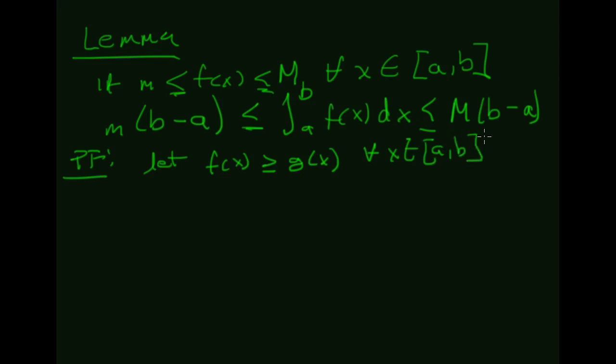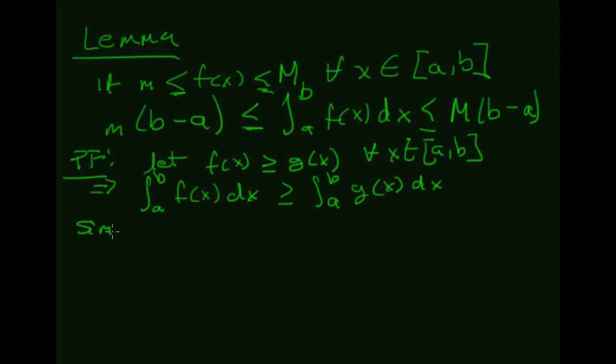So f always dominates g. From here it follows that the integral from a to b of f of x dx should also dominate the integral of g, because if f is always bigger, then the area under f always has to be bigger than the area under g.